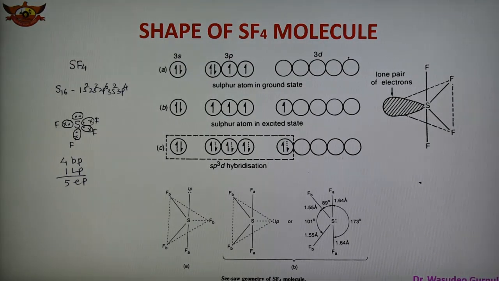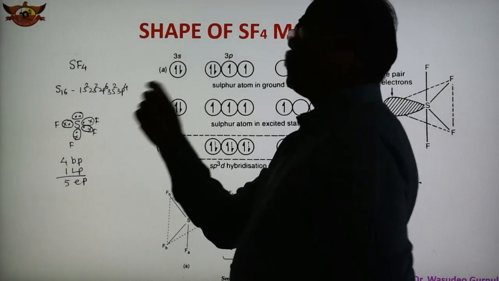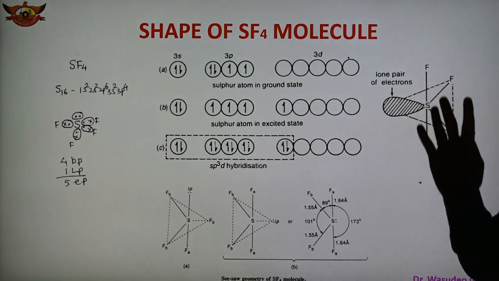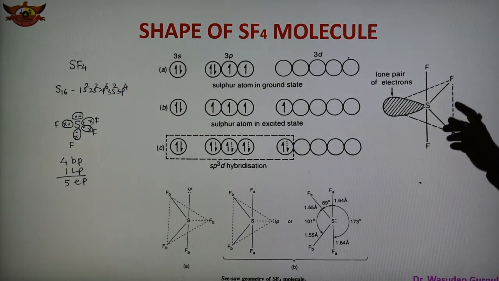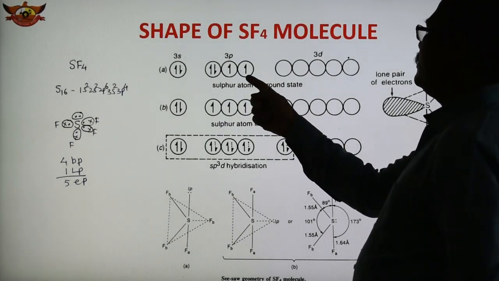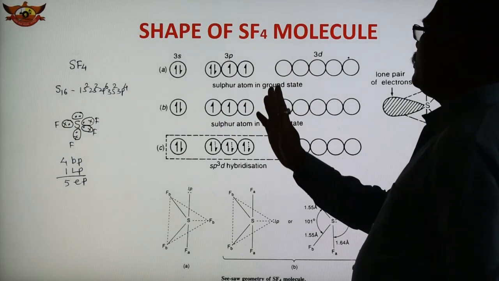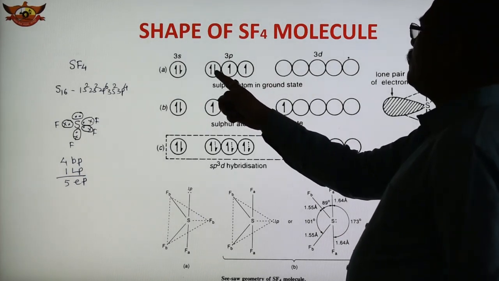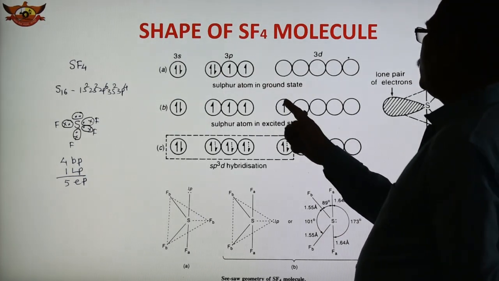Whenever there are 5 electron pairs, according to rule number 1, the geometry is trigonal bipyramidal. So this is trigonal bipyramidal geometry. In the ground state there are only 2 unpaired electrons, but we require 4 unpaired electrons, so it is possible by the promotion of 1 electron from the 3p to the 3d orbital.